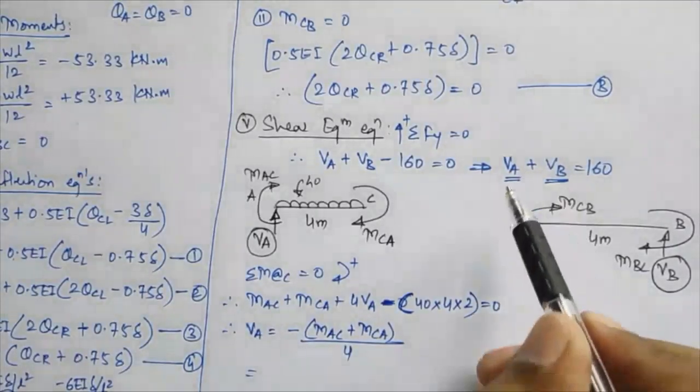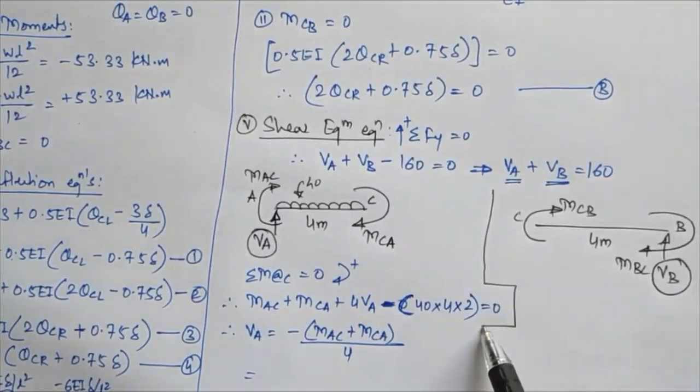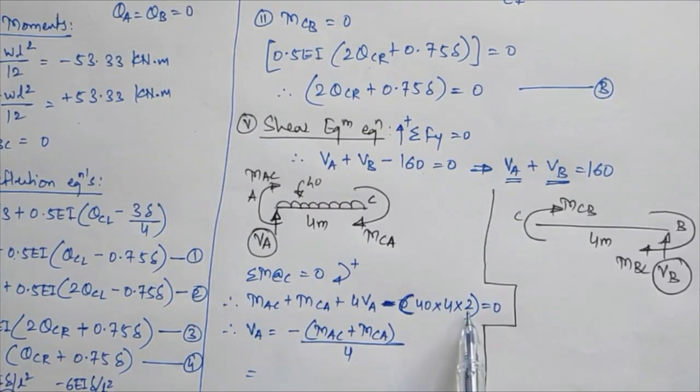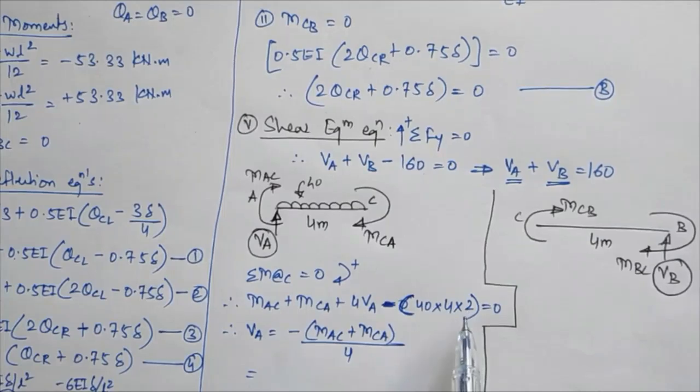Okay, so you correct this over there. Okay, so how much will I get, minus 40 into 4 into 2, so 40 into 4 will become 160, 160 into 2 will become 320 over there, and 320 divided by 4, VA, I'll get as plus 80 over there. Okay, you check this correction over there.